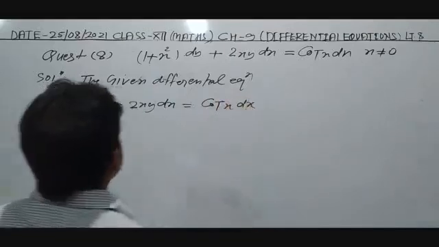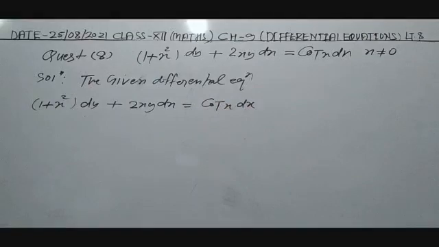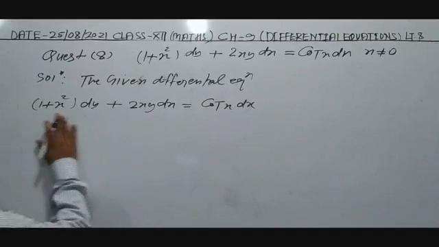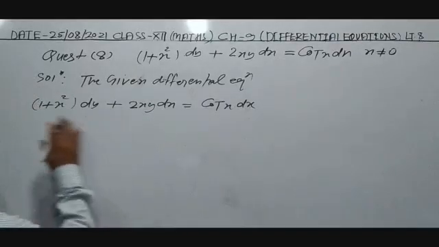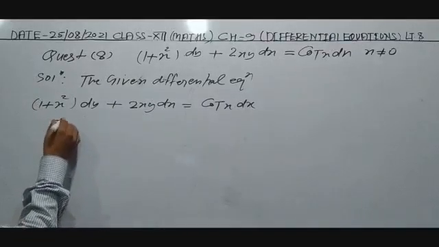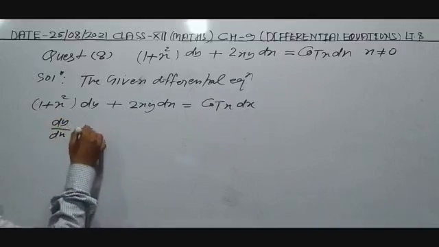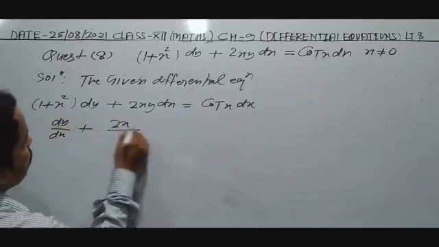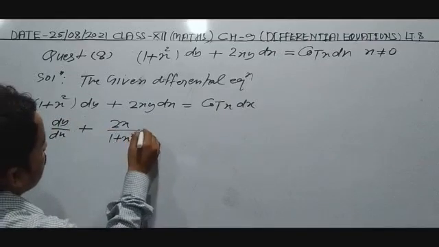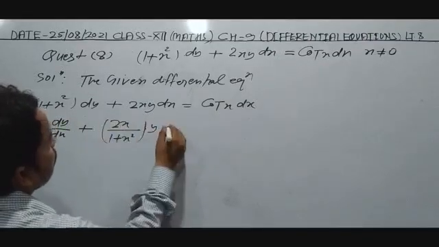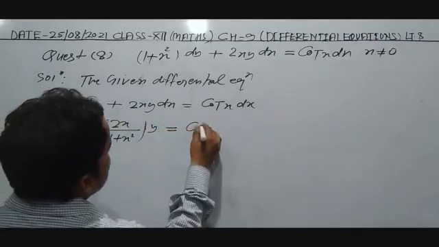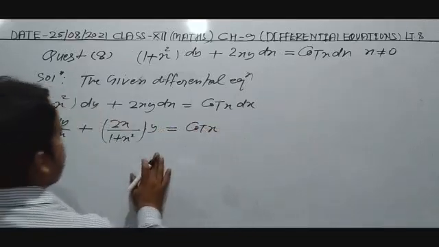Now how can we find dy by dx? Suppose we divide the given equation by (1 plus x square) dx. The result will be dy by dx plus 2x upon (1 plus x square) times y is equal to cot x.